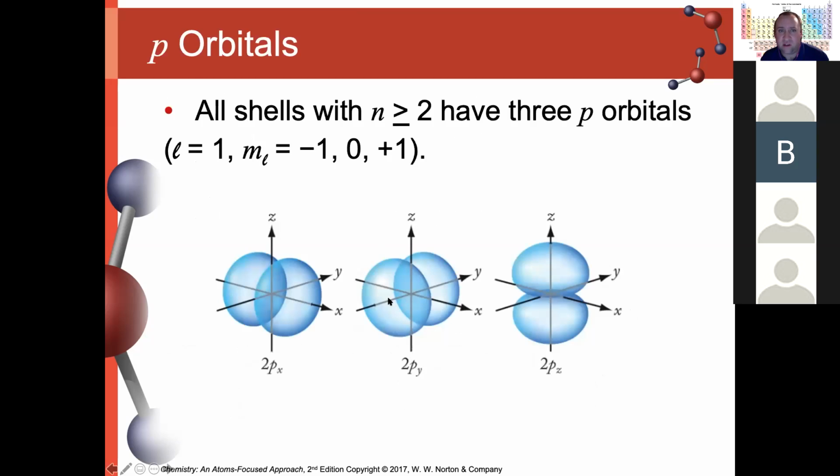P orbitals start in the second energy level and are dumbbell shaped.